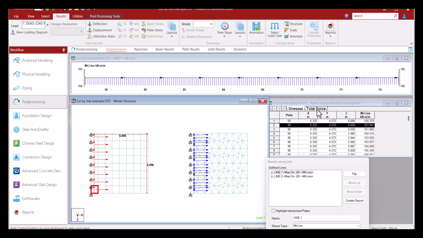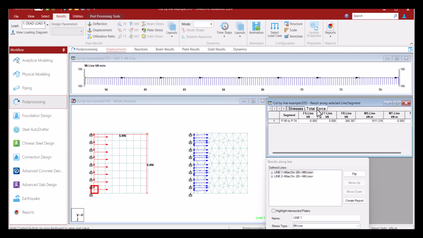But Staad is also there to calculate the total moment out of this, so you needn't do this exercise. Staad has already performed this calculation. Here you can see from P90 to 7474, I think. You can see my total moment calculated here.